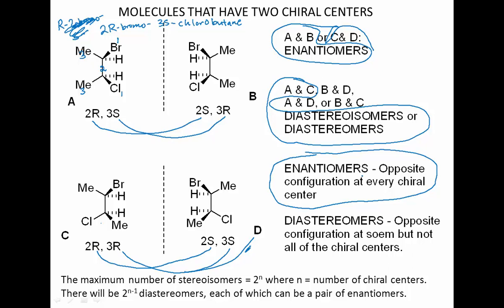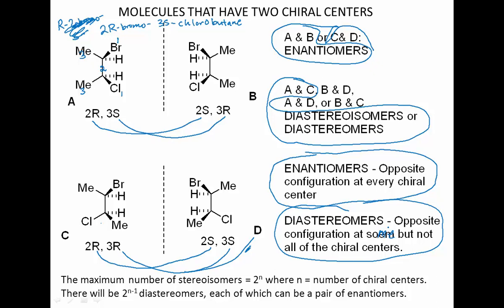If we look at A, B, C, and D, we also have a lot of diastereomeric pairs. A and C are diastereomers. B and C are diastereomers. Diastereomers have the opposite configuration at some, but not all, of the chiral centers. Some but not all is the definition of diastereomers.